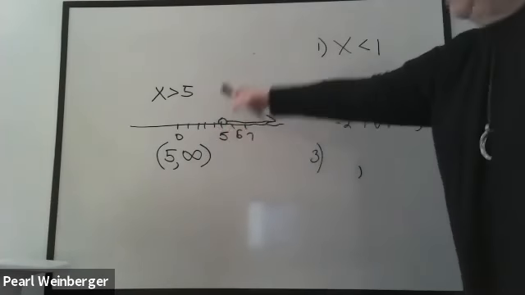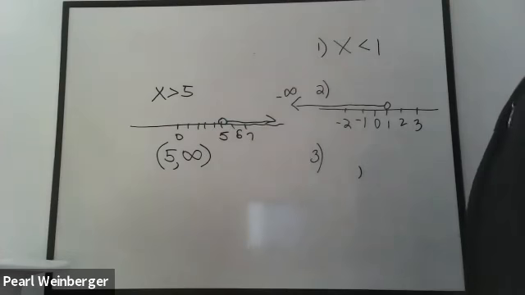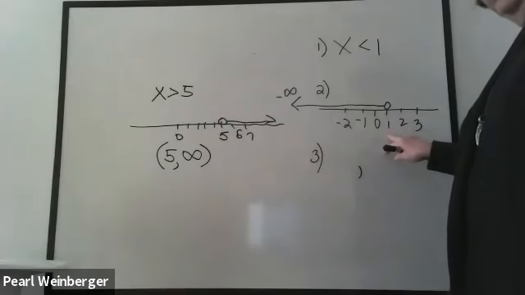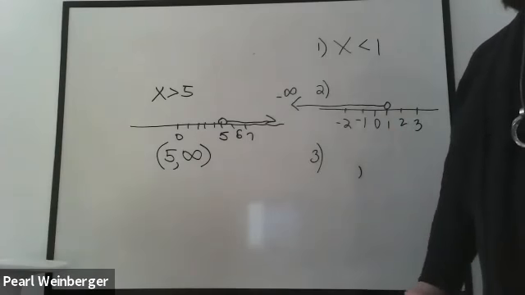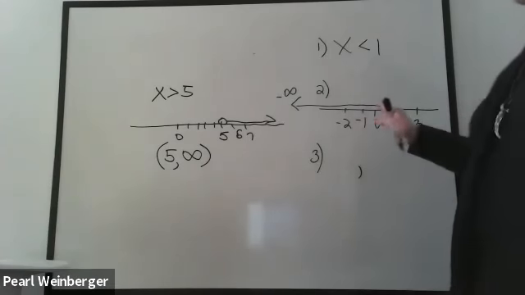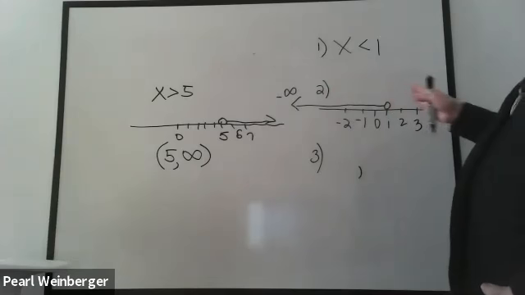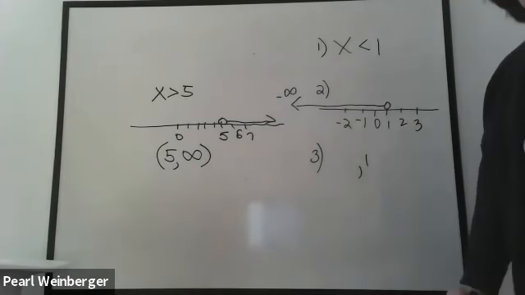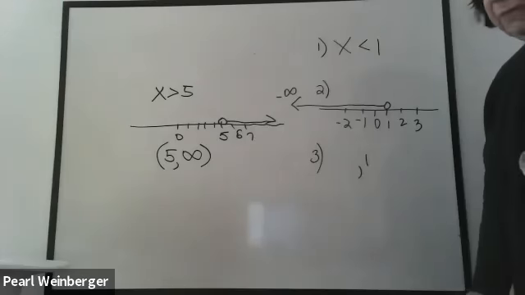We start on the left, we end up on the right. Even though it looks like we're starting at 1 here, that's really not the starting point. That's the ending point, because that's the point that's furthest to the right. The 1 is in the second position.